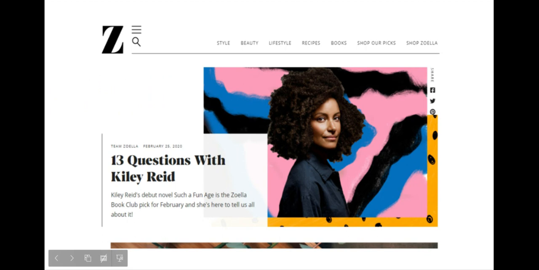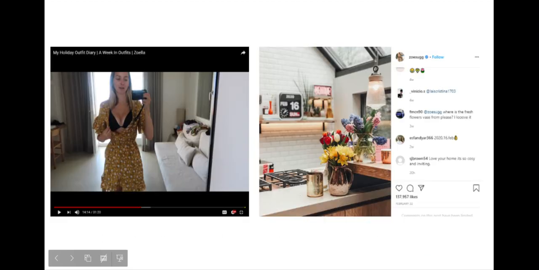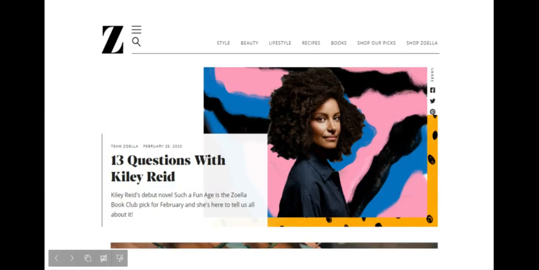So on the one hand, you've got images like this, which you could say were quite typically feminine and kind of pushing ideas about how women should look and also pushing ideas about how women should act. On the other hand, you have perhaps got some examples here of some slightly more progressive representations of women in her text as well.